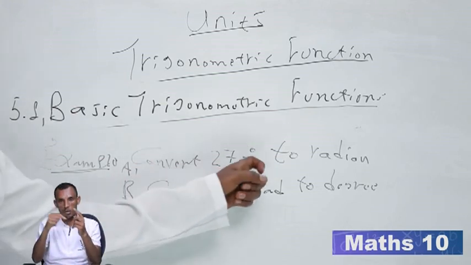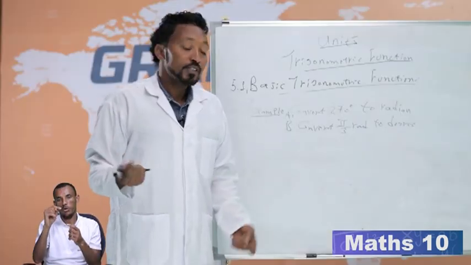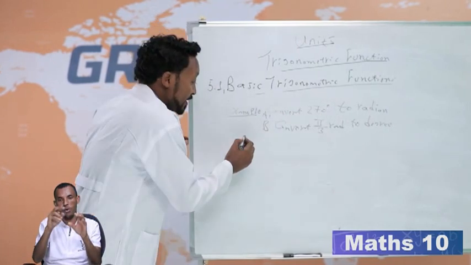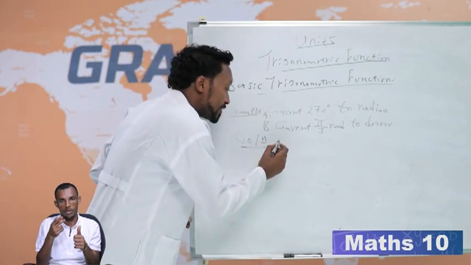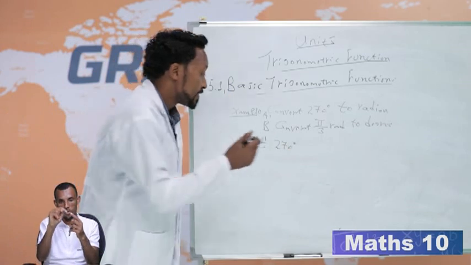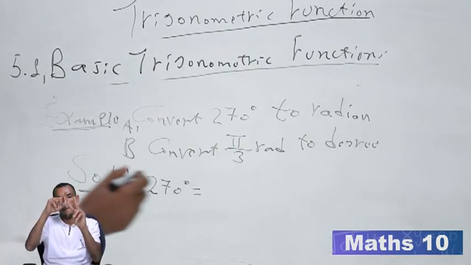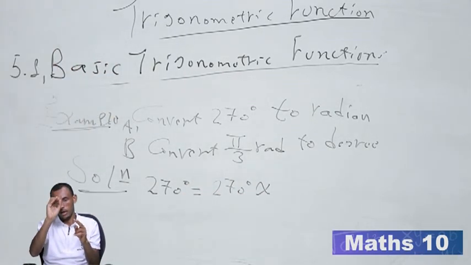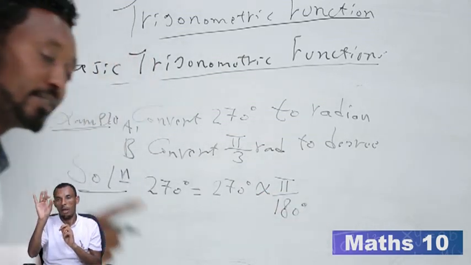That means to convert 270 degree to radian, what is the multiplying factor? 270 degree is converted to radian. This means the same as 270 degree multiplied by pi over 180 degree.